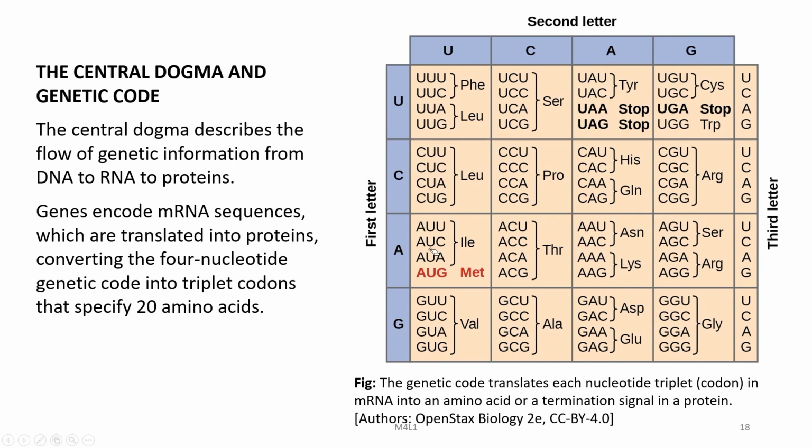Leucine again has 2 sets of codes, the first having UU in the first and second places, and the second having C in the first place. So, this table has been worked out for each and every one of the 20 amino acids.